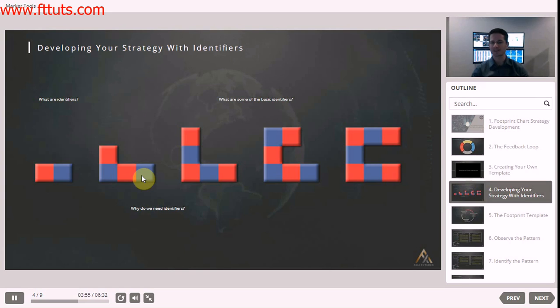Now, one of the biggest fallacies I find in trading is that you need multiple approaches to become successful as a trader. Okay, what I'm going to tell you now, and I'm going to reiterate this when we get to the strategy section, is you only need one strategy, guys. You only need to be successful at one strategy. Okay, the example I always use is Apple as a company.